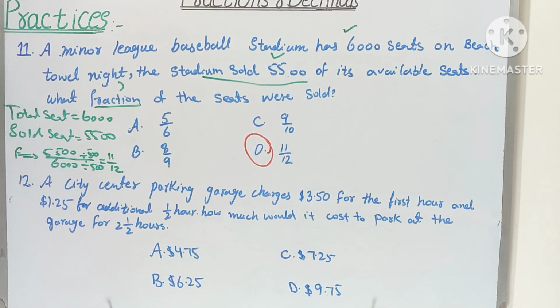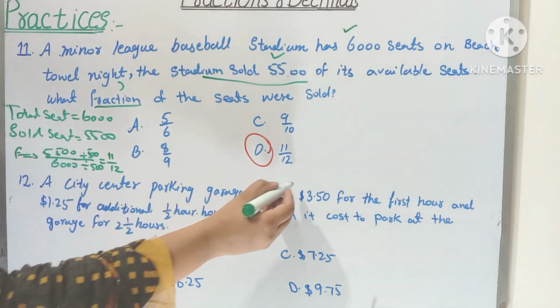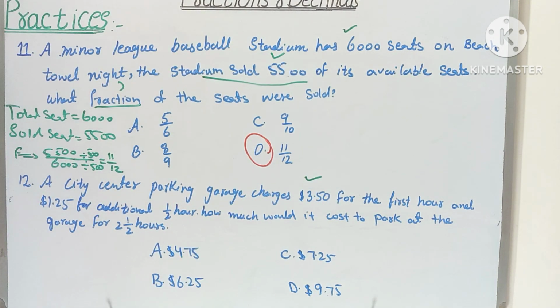Next, question number 12. A city center parking garage charges $3.50 for the first hour and $1.25 for each additional half hour. How much would it cost to park at the garage for 2 1/2 hours? What will we do for this question? We need to park 2 1/2 hours. After the first hour, we have 1 1/2 hours remaining.